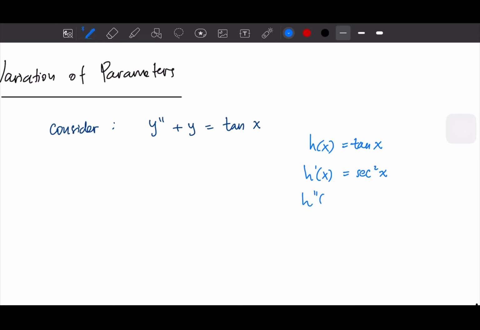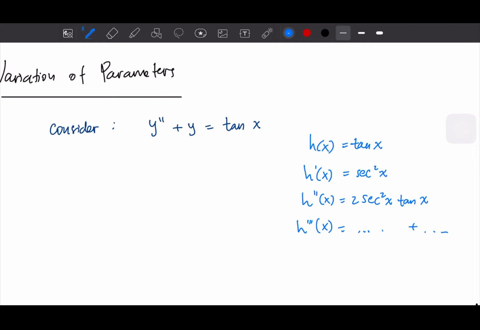We derive again, and we have secant tangent, and if we try more, we will have some product rule, right? So how do we make it into our solution? I don't think undetermined coefficients will help with this problem.